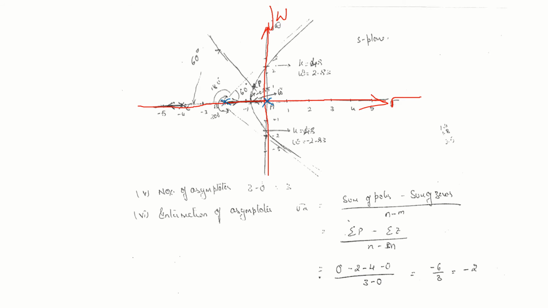There is a pole here. There is a pole here. There is a root locus here. There's an arrow this way. This is an arrow this way. There is a root locus here. There is an arrow this way. Fine.